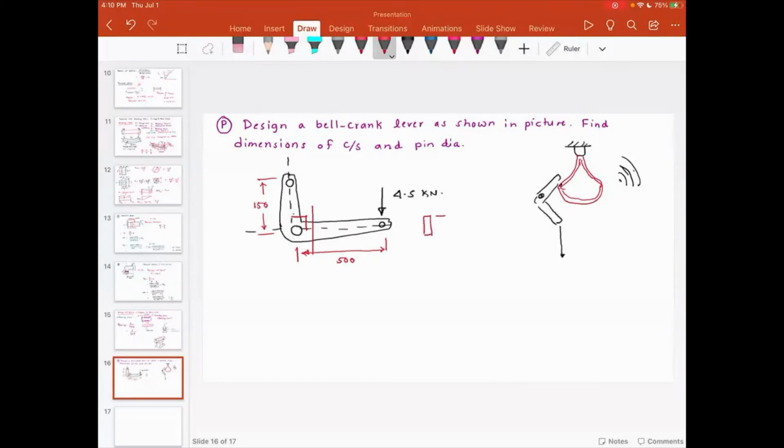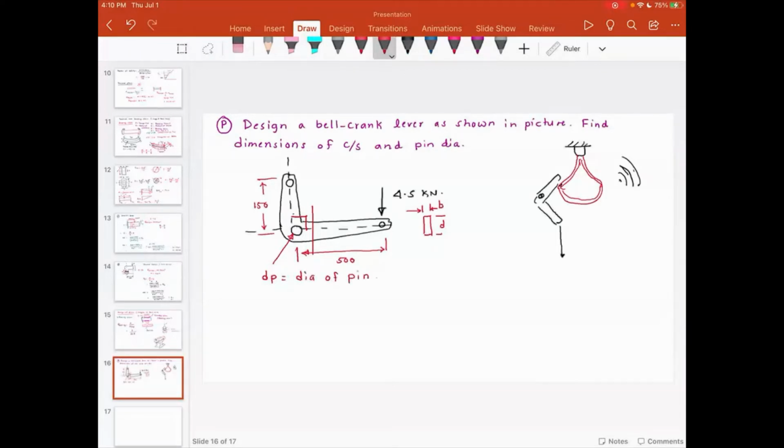This dimension is D, this dimension is B, and we want to find not only B and D, but also dP, which is the diameter of the pin.